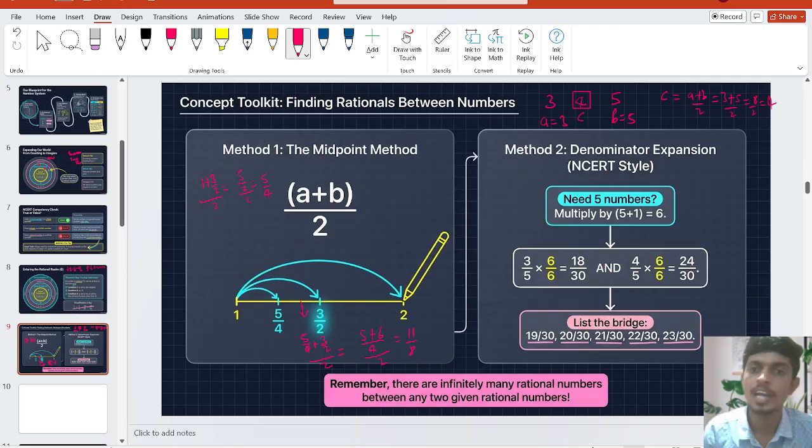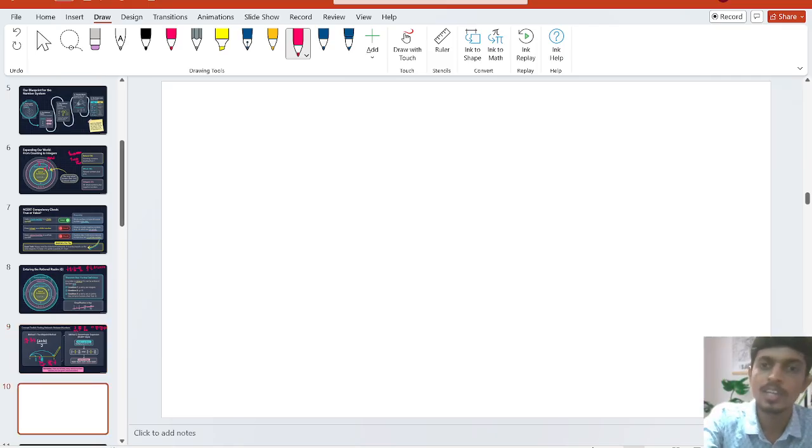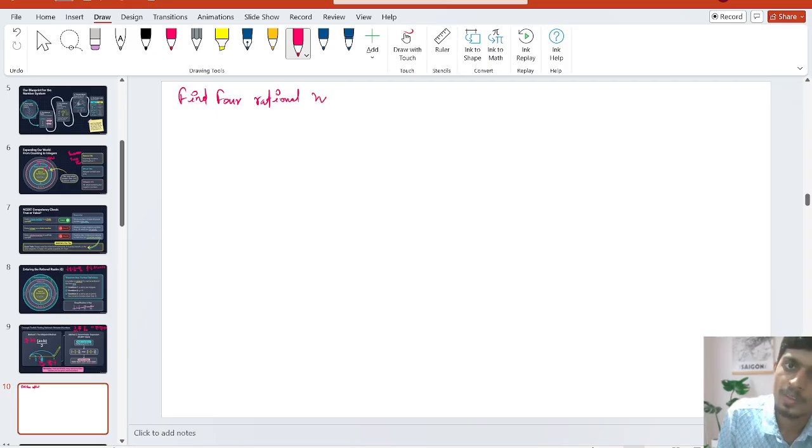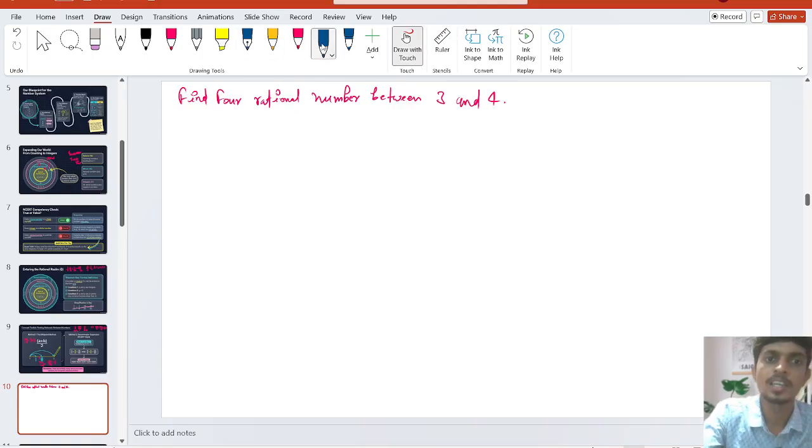But what does NCERT say? For example, if you have to find four rational numbers between 3 and 4, applying this theorem might work, but NCERT says that if you have to find 4, you add 1, 4 plus 1 is equal to 5.